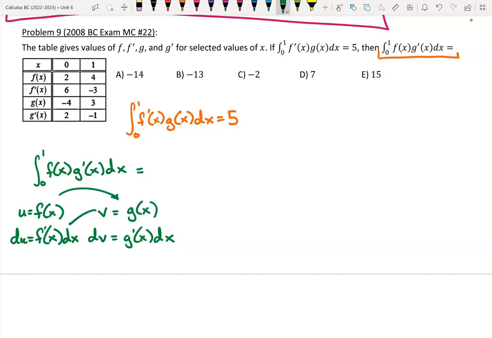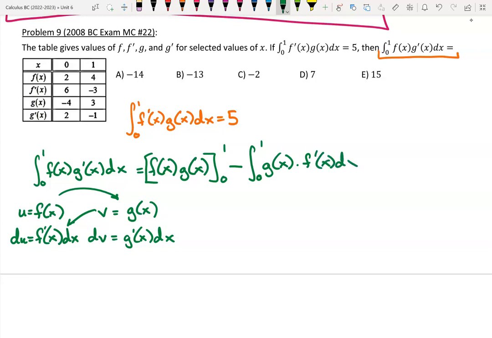So we go ahead and follow our normal pattern, and we would have f of x times g of x, but again, we have to do that in our bounds, 0 to 1, minus the integral from 0 to 1 of g of x times f prime of x dx. But we were already told what that is right here.